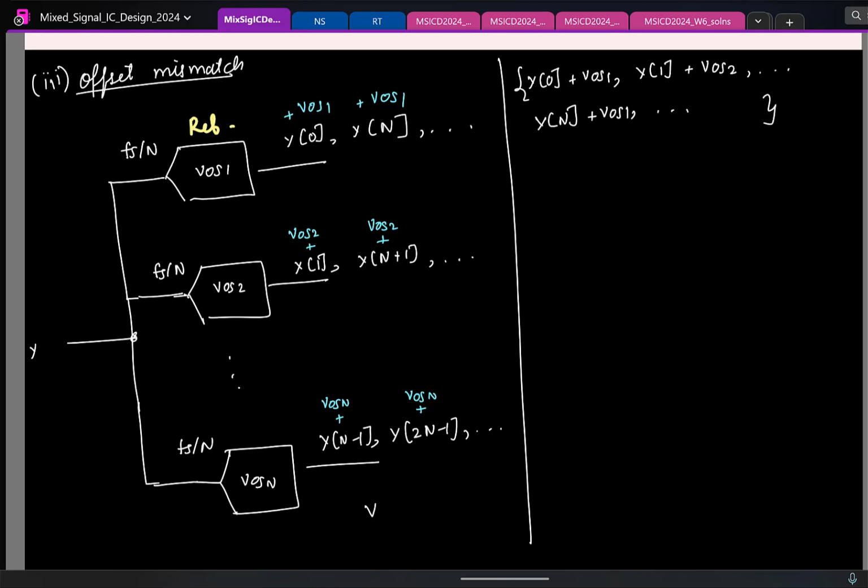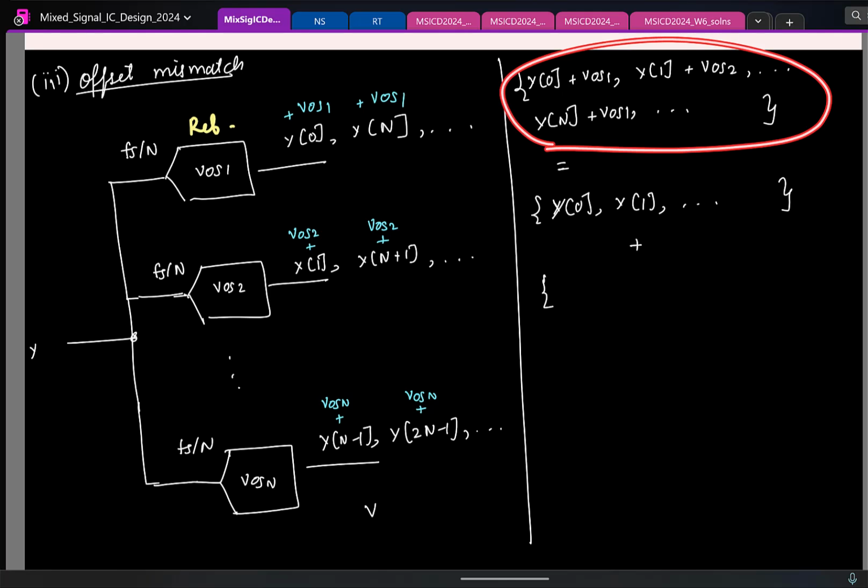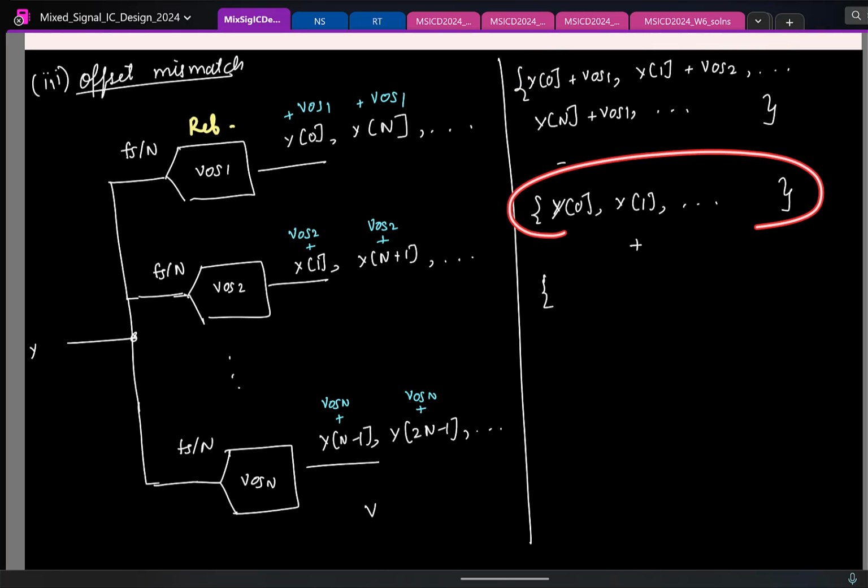So now I can decompose it like this. I'll rewrite it as the ideal sequence I should get without offset, plus an error sequence. And how will this error sequence look? Remember, this is the actual sequence I get. I am trying to write it as the ideal sequence I want plus an error sequence.